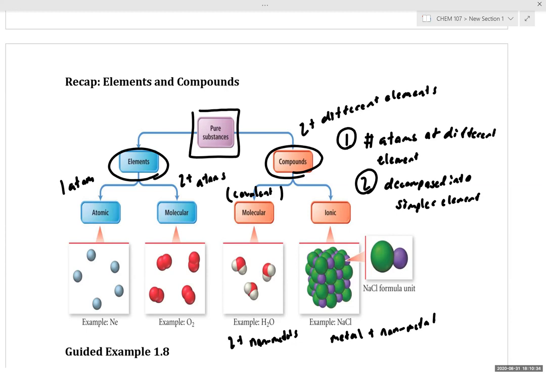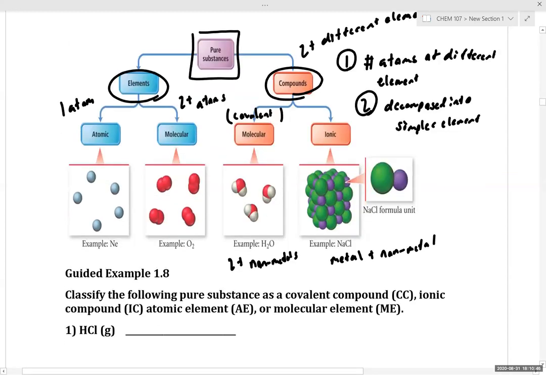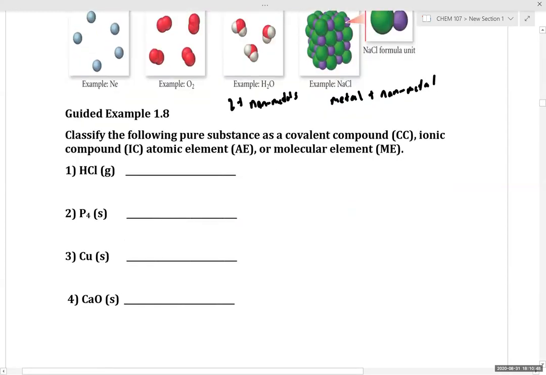Let's now apply these rules, and let's talk about classifying pure substances as ionic compounds, covalent compounds, atomic elements and molecular elements. So let's first look at HCl, or hydrochloric acid.